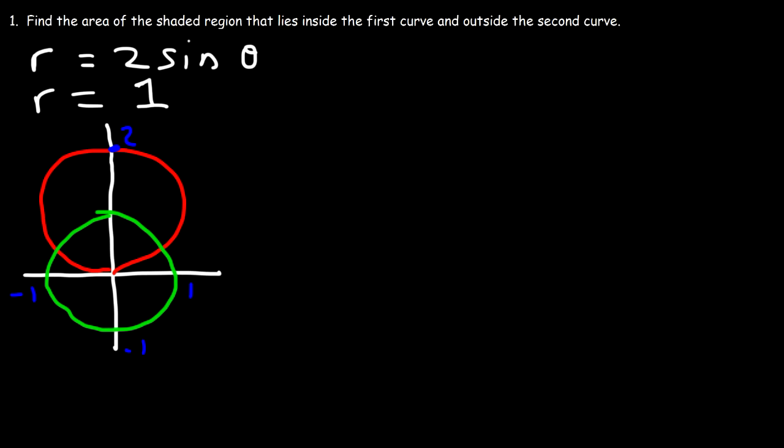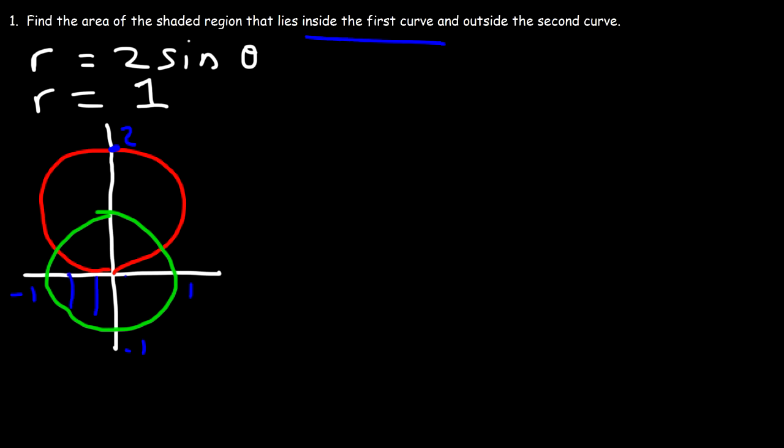Now, which shaded region are we looking for? Are we looking for this shaded region, or are we looking for this region? What would you say? Looking at the problem, it says we need to find the area of the shaded region that lies inside the first curve.